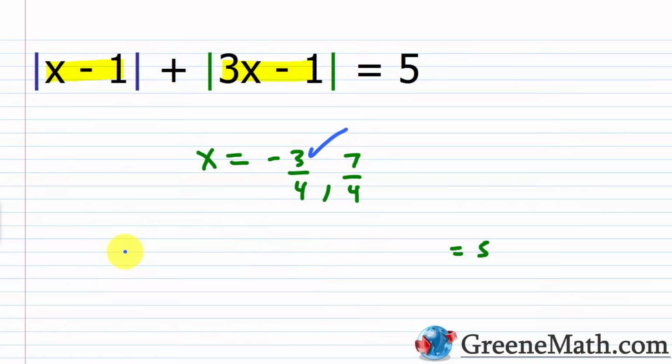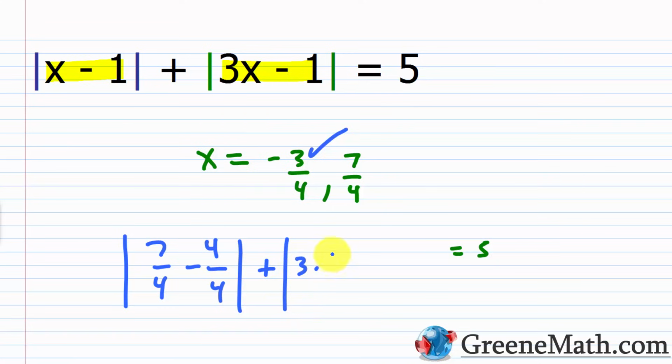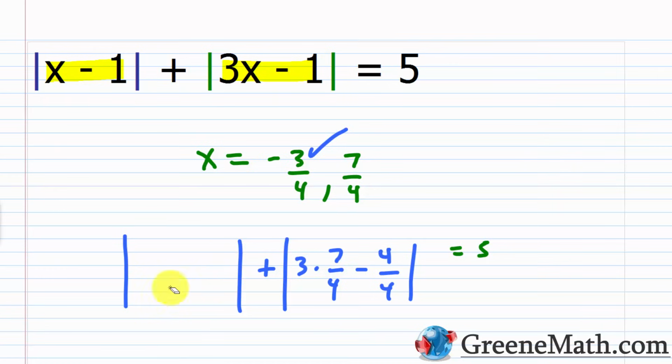All right, so let's check the other one. So the absolute value of 7/4 minus, for 1, I'm going to put 4/4. And then plus the absolute value of 3 times 7/4 minus, again, for 1, 4/4. So what do we have here? 7 minus 4 is 3, so over the common denominator of 4, this would be 3/4. Absolute value of 3/4 is 3/4.